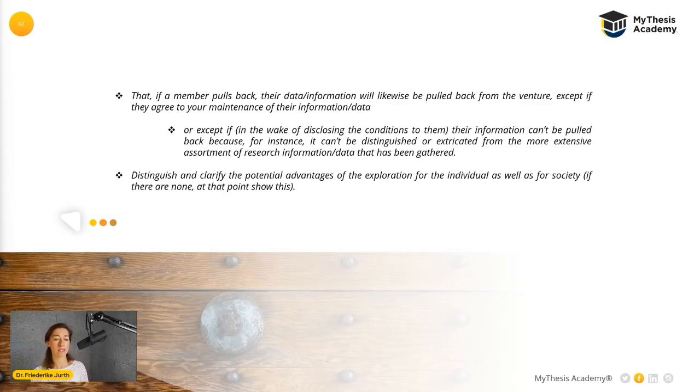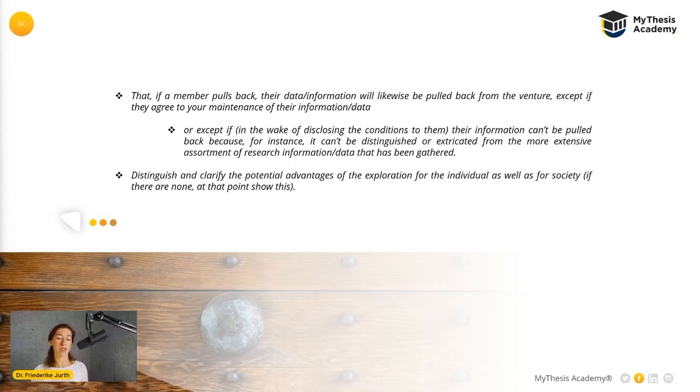Or except if, in the wake of disclosing the conditions to them, the information can't be pulled back because, for instance, it can't be distinguished or extricated from the more extensive assortment of research information or data that has been gathered. So, what does this mean?